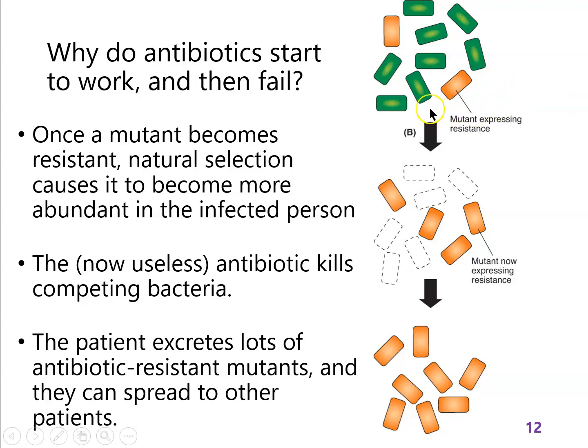Well, if there's a mutant in this population of bacteria that's causing their infectious disease, and they treat with an antibiotic, the antibiotic will kill off their competition and the mutants will take their place. And then you'll have to use a different antibiotic.